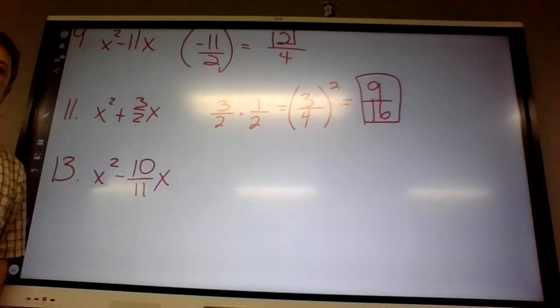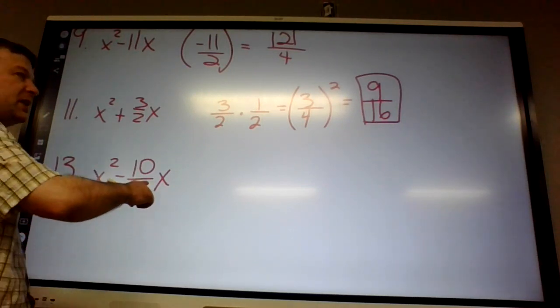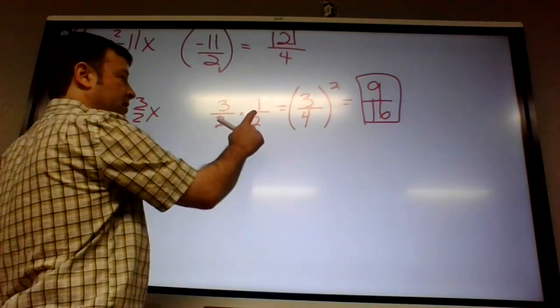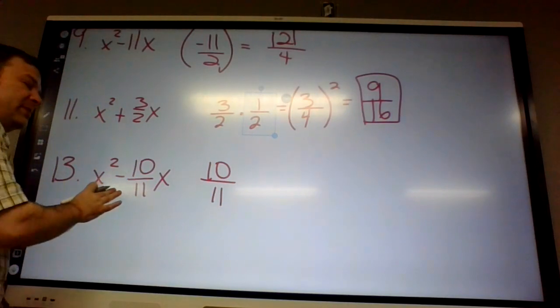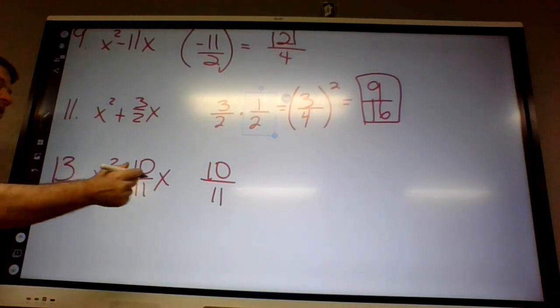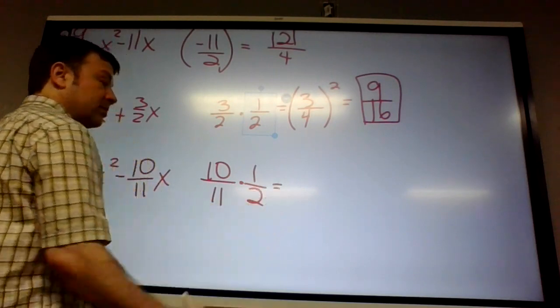Okay, Sophia, what are we gonna do first? Divide by 2, which is the same thing as multiplying by 1/2. Now the negative doesn't really matter because when you square it, it goes away anyway. So I'm just gonna forget about the negative. Will any of these numbers be negative?